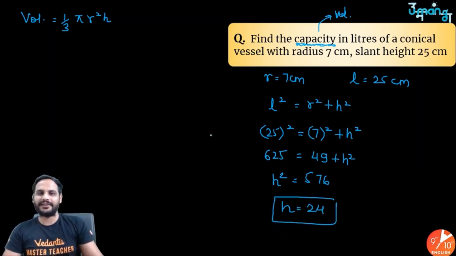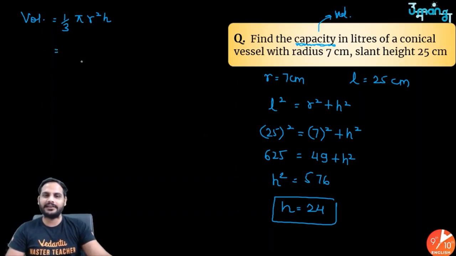Same triplets over here. So now I can say the volume will be 1 by 3 into pi into radius. What is the radius? Radius is 7, into 7, into height, which is 24. So this 7 and this 7 got cancelled. 3 eights are 24.